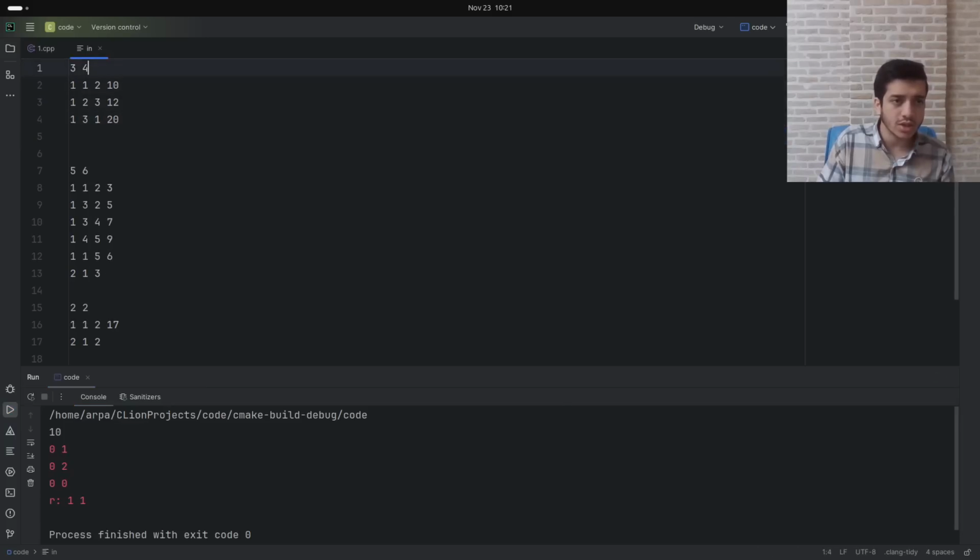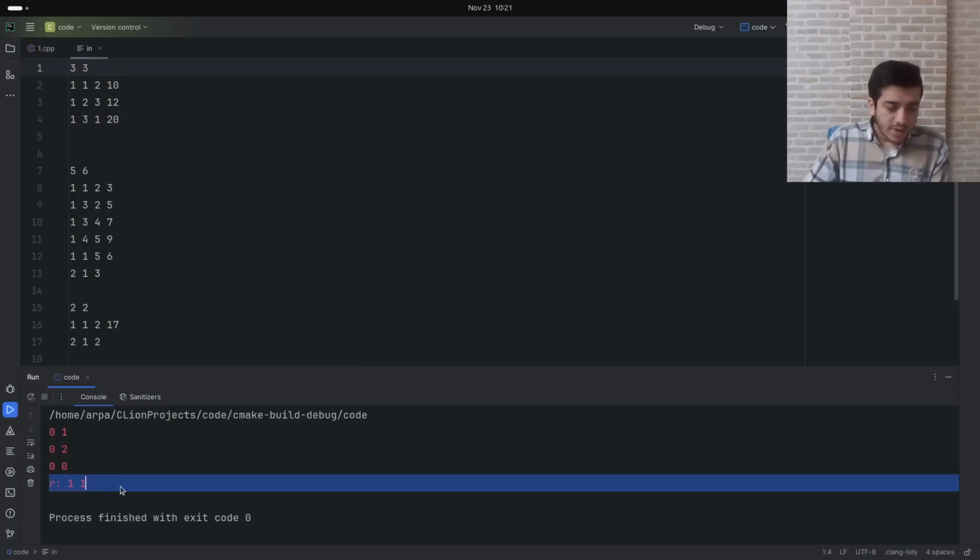So let's just take a look at the logs, okay? So it means that it didn't work, but it should.